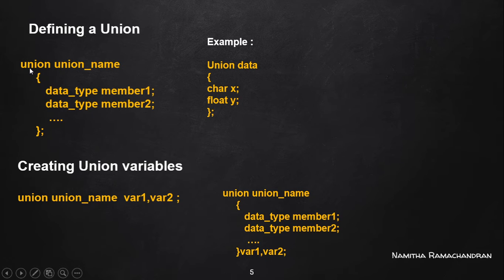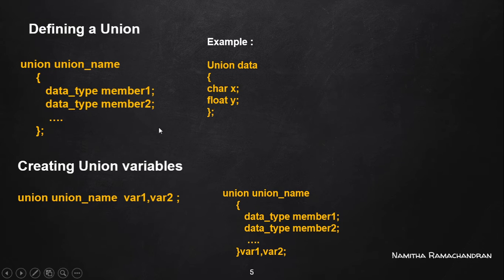The syntax of defining a union and a structure are almost the same. In a structure definition we use the keyword struct, but for a union we use the keyword union, followed by the name of the union. Then inside, we indicate the members we want to represent using this union, and end with a semicolon. This is the template of our union.